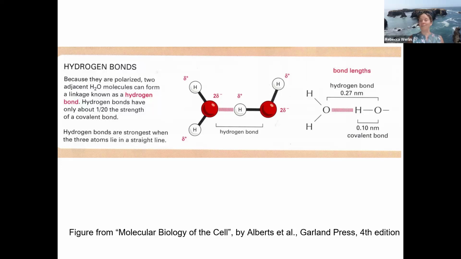Hydrogen bonds for me are defined as a partially positively charged hydrogen attracted to a negative charge on another molecule, such as water, or on the same molecule if we're talking about a larger molecule.